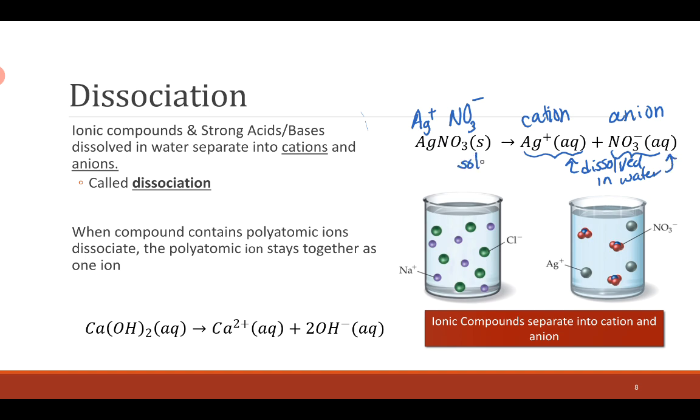And that means solid. So like if you took solid silver nitrate and dissolved it in water, you would have separate cations and anions. The nitrate doesn't separate further because it's held together by covalent bonds. So this ionic bond gets split.